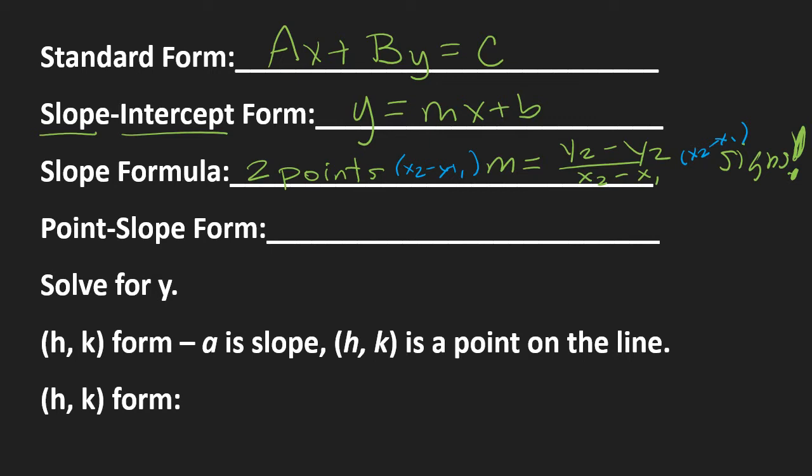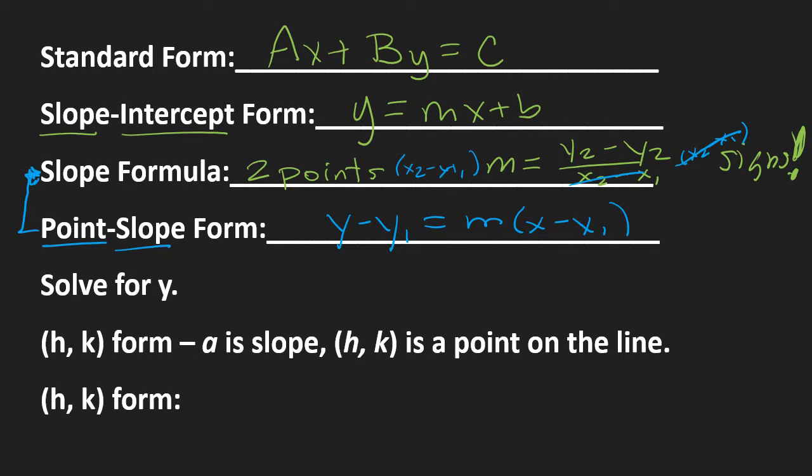Those two things cancel and leave you with y minus y1 equals your slope times x minus x1. For the point slope formula, you need two things: the point and the slope. But really it's not a new formula. It is just a variation of the slope formula, which you guys are actually really pretty good at.